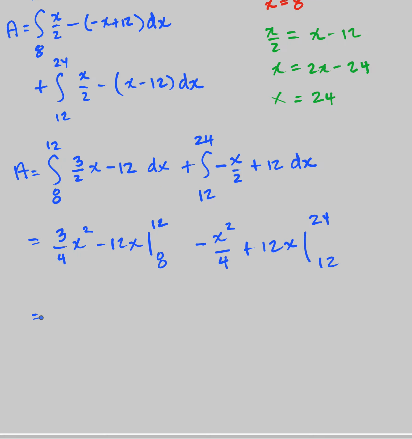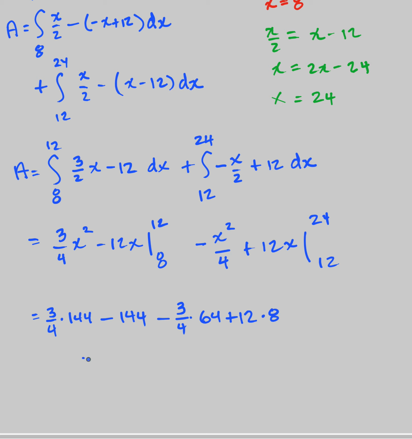So we are going to have 3/4 multiplied by 144, minus 12 times x gives 144. And then we subtract off the antiderivative at 8, so that's going to be minus 3/4 times 64. And then minus a minus is plus 12 times 8. And then we have all the other stuff from the second antiderivative.